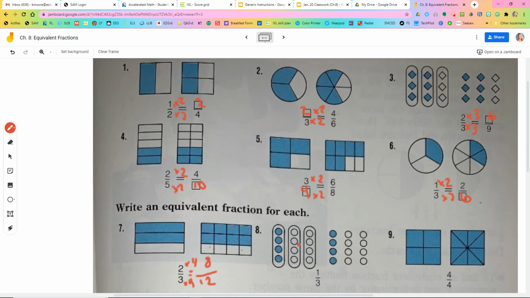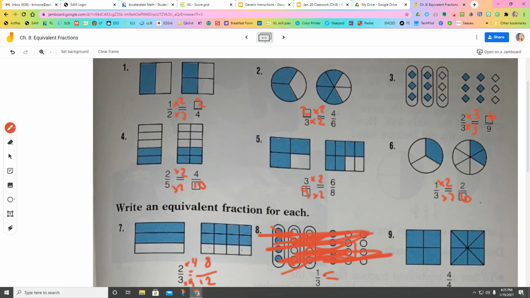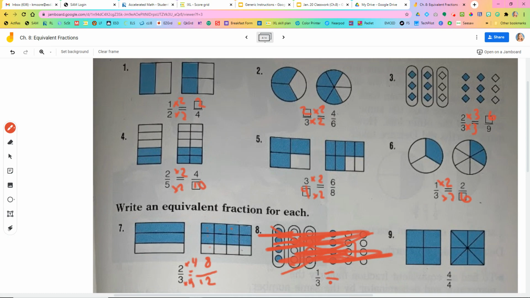Now, if they did not give me this picture up here, you could technically generate a fraction, so ignoring this picture. If you have to make an equivalent fraction, the only thing you have to worry about is following the golden rule. If I can make any equivalent fraction to 1/3, I just have to multiply the top and the bottom by the same number.